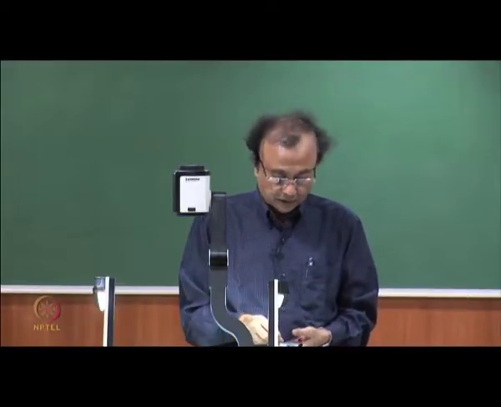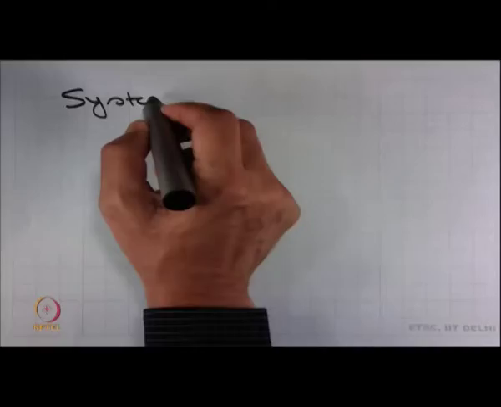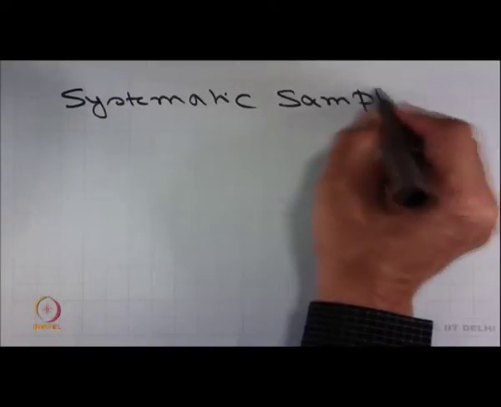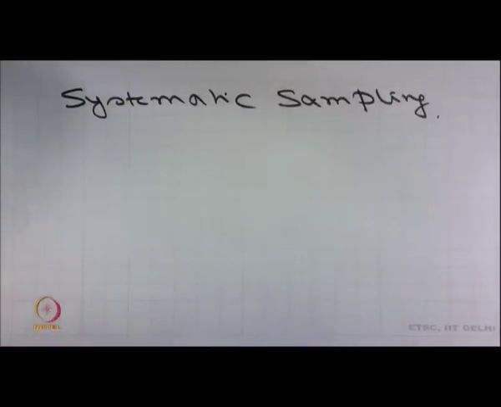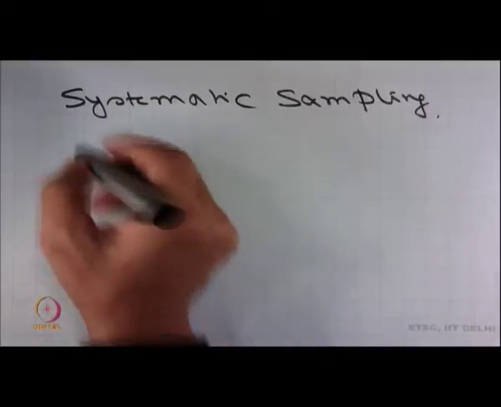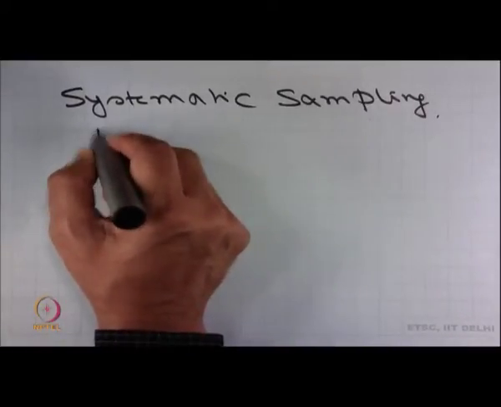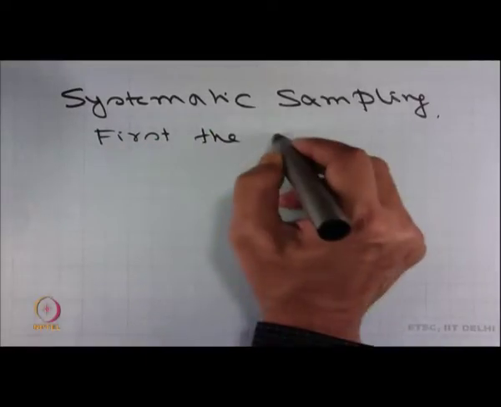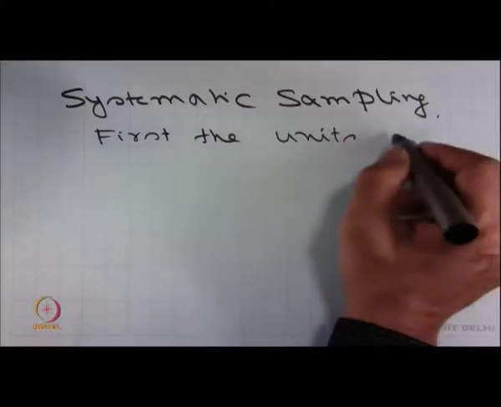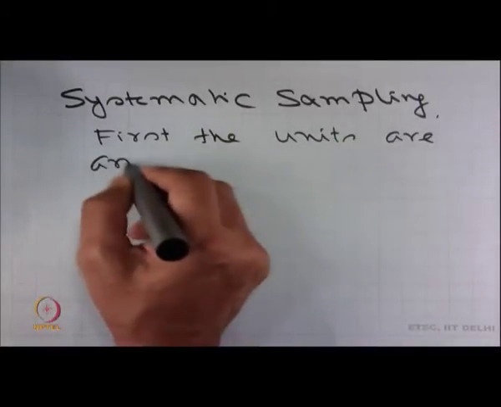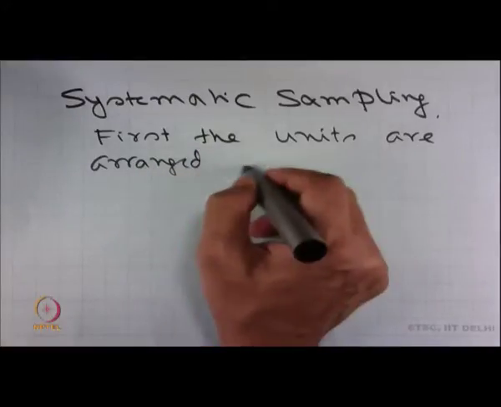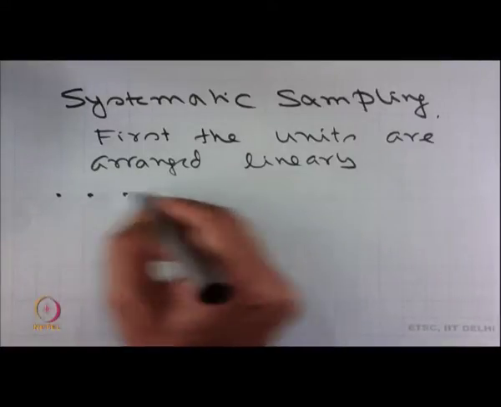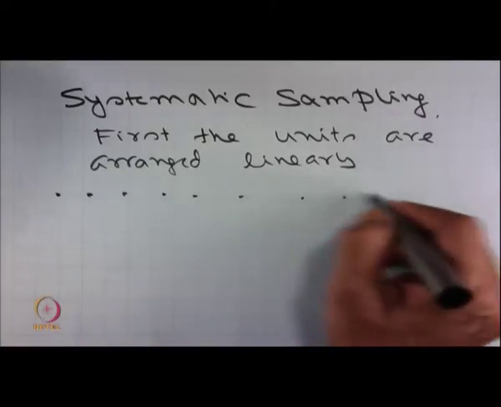Similarly, there is something called systematic sampling. It is a mixture of strategies. So, first the units are arranged linearly, say by sorting them according to their names.